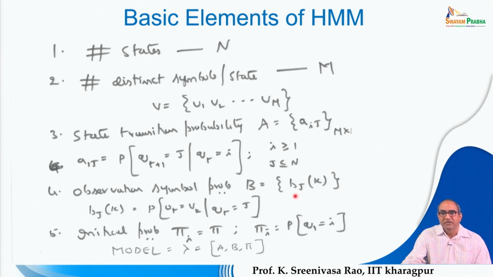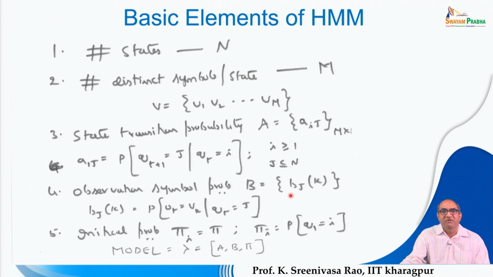It means that the system is currently in state j, and at state j the symbol will be k. For example, if we are shown the color red and we are in the 7th box, that means you picked up a ball from the 7th box and it is red.